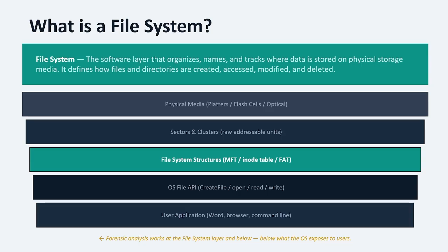The operating system file API has things like create file, open, read, write, and this is a way that you can program access to be able to create a file or read the contents of that. When you make a call to the operating system API, that will then go to the file system itself, request the file, and then the pointer to the file, and then the information will get returned through that API to the calling program.